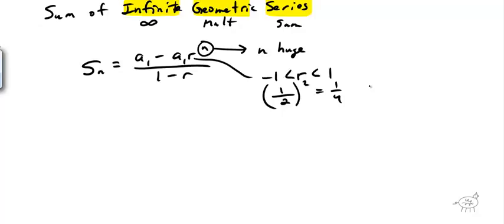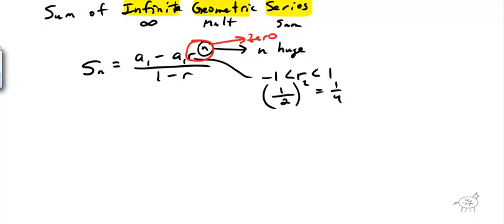It's going towards 0. Do you guys agree? Because 1 over 32, 1 over 64, 1 over 128, 1 over 256, right? It's going closer and closer to 0. So here's the deal. This value right here is going to 0 when n gets big and r is a fraction.